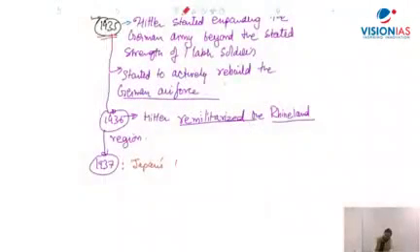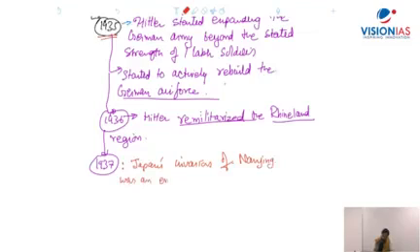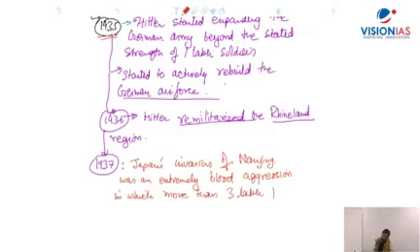Now, the next thing to write in 1937 is Japan's invasion of Nanjing in 1937 was an extremely bloody aggression in which more than 3 lakh people were killed.